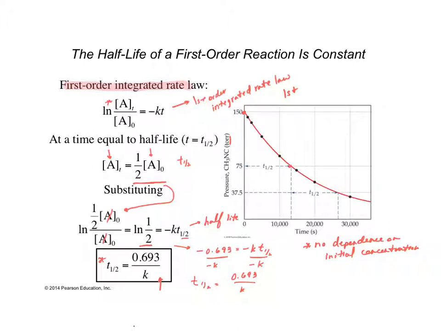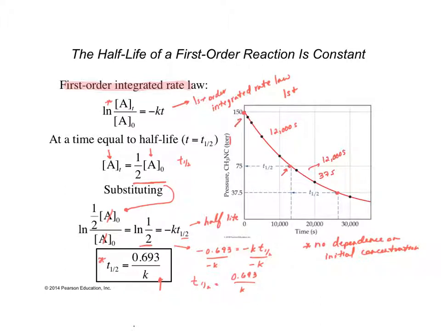We'll estimate it to be about 12,000 seconds. Now, because this is first order, it will take the exact same amount of time to go from 75 to half of 75, which is 37.5. So the second half-life is another 12,000 seconds. It doesn't depend on the fact that this was a lower concentration than this one.